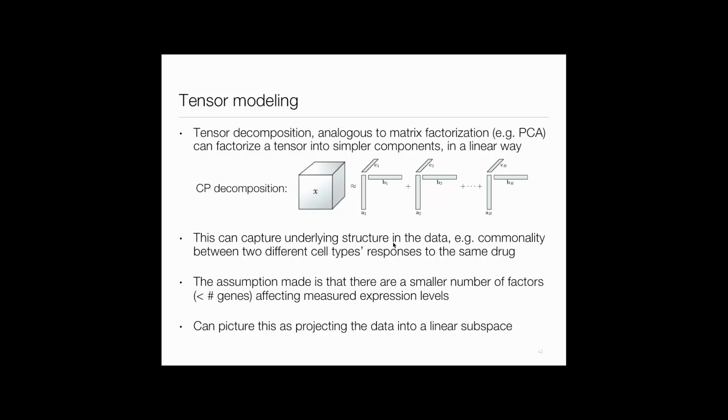That's my simplified interpretation of that A vector, and then the B and C represent how much. So B could represent the drug dimension. So B is saying if drug 2 has a value of 0.5, that means that it's activating this quote-unquote pathway. It's multiplying it by 0.5. Whereas drug 3, it might be negative 100. So it's really, really strongly down-regulating this pathway.